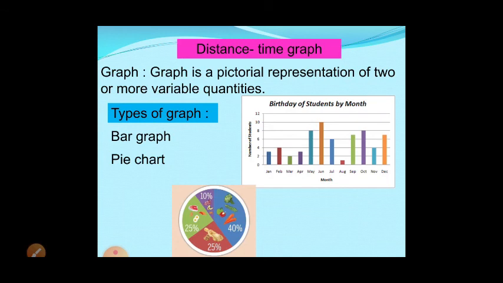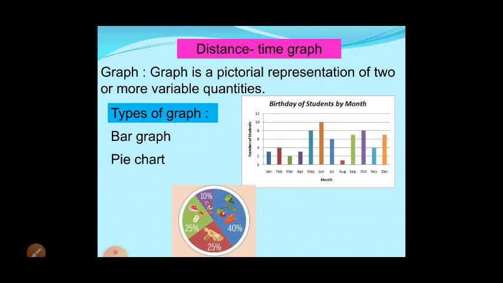All this we can make in a chart. Other than this, we can show the population of India, different states, different languages, how many people speak. All these things we can distribute in the pie chart. So this is also one type of representation of graph.